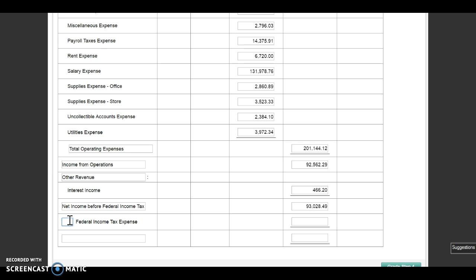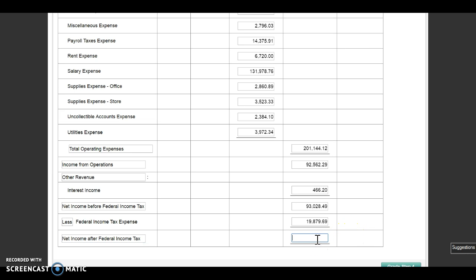And now we need to subtract, so this is a less, we need to subtract from that our federal income tax expense. When we look up there, our federal income tax expense is $19,879.69. When we subtract those two numbers, that is going to give us our net income after federal income tax.